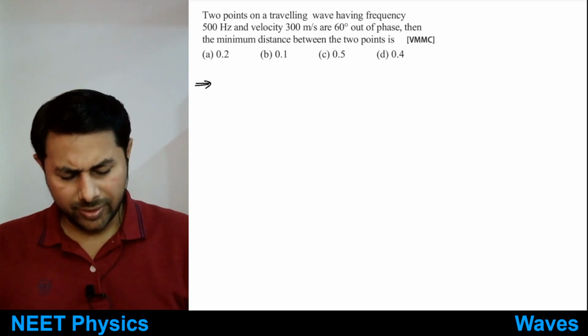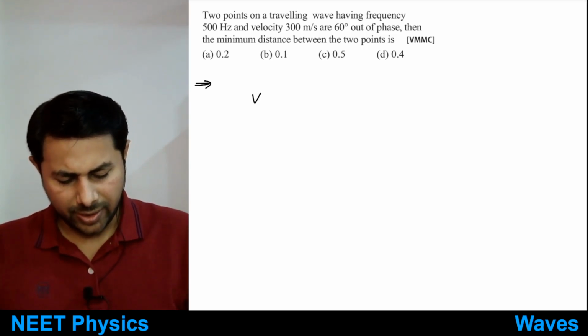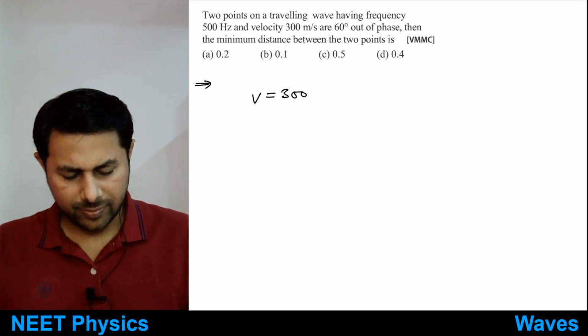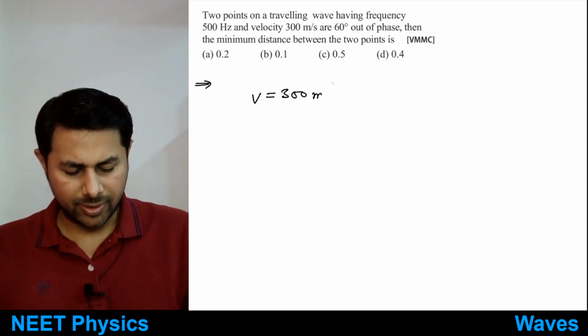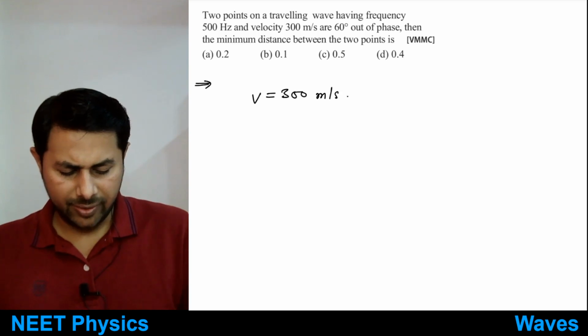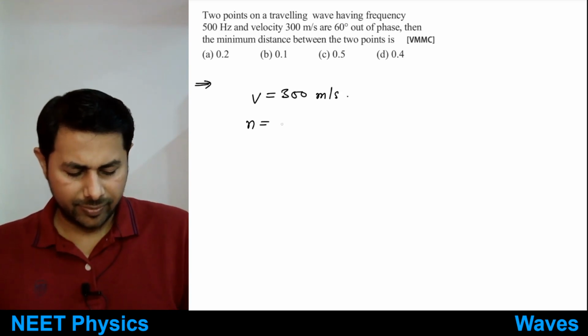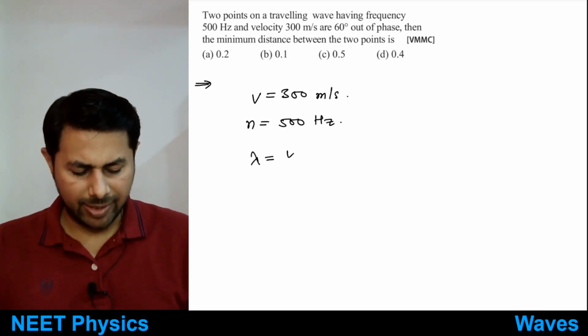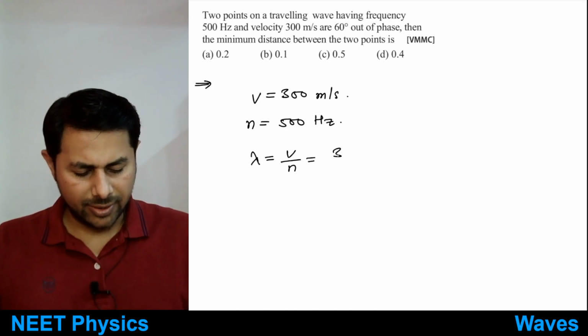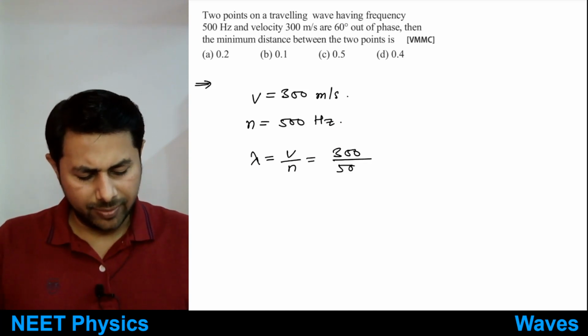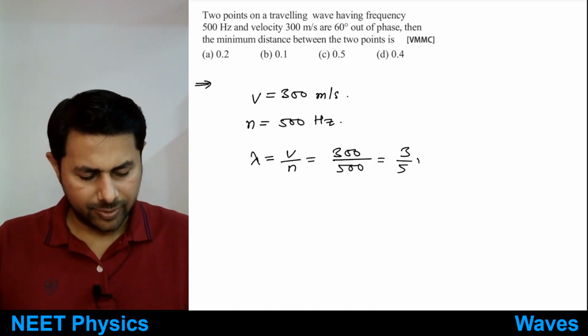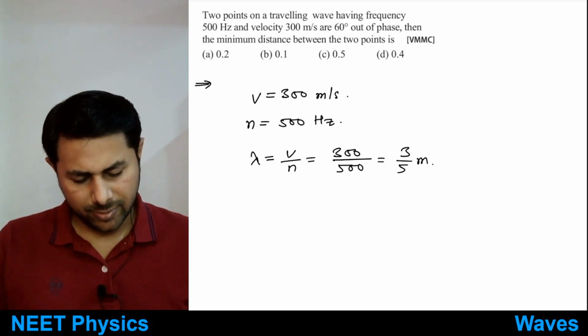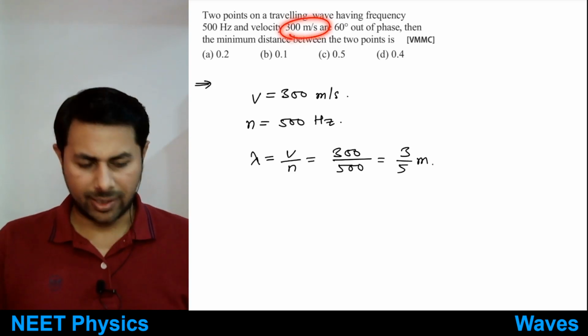so just find out, see, the wave has velocity of 300 meters per second and frequency is given as 500 hertz. So from that just find out the wavelength. Okay, so wavelength is v by n, that is 300 by 500 or 3 by 5 in meters, because the velocity is given in meters per second.